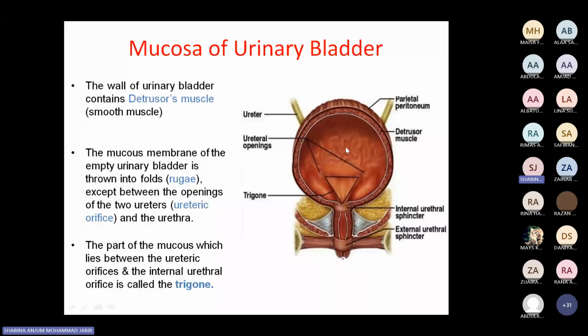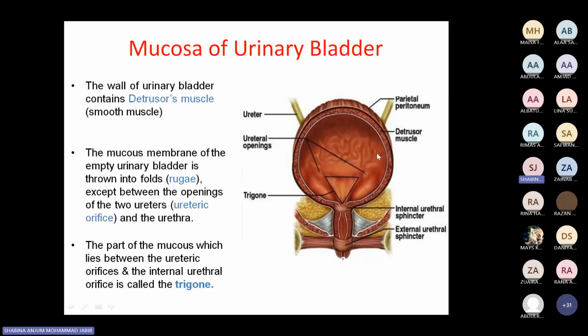What are these folds called? Rugae. But this area, compared to the other surfaces of rugae, is flat and smooth. It is called the trigone.